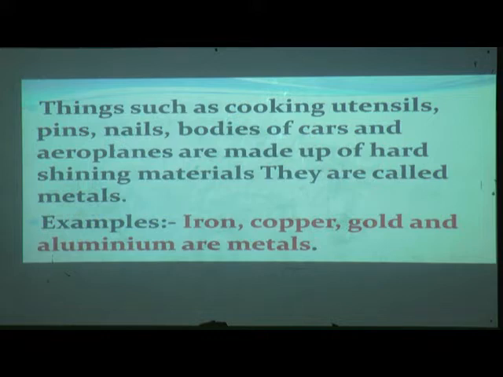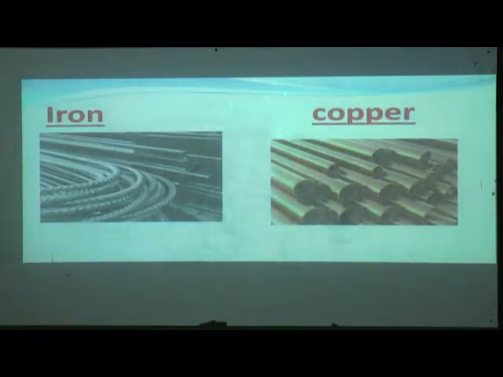For example, what type of metals? Iron, copper, gold and aluminium are metals. These metals are used to make utensils, pins, nails, and bodies of cars and aeroplanes. Iron is also used in buildings: while constructing a building, the pillars inside also use iron.